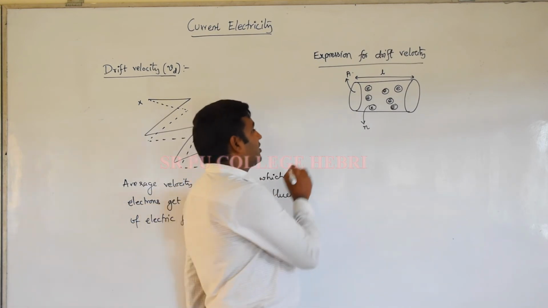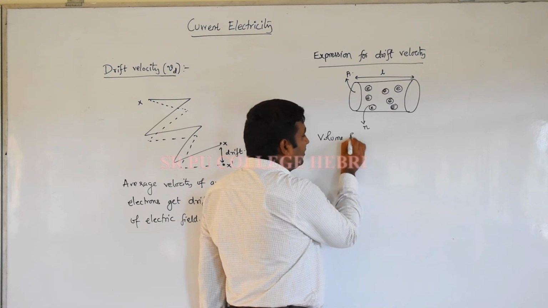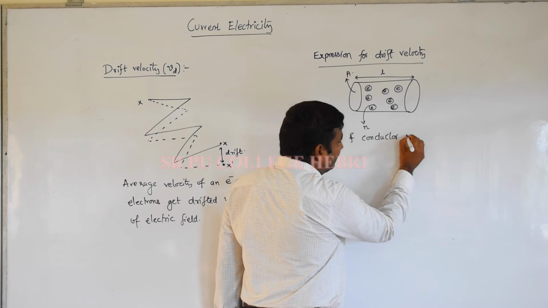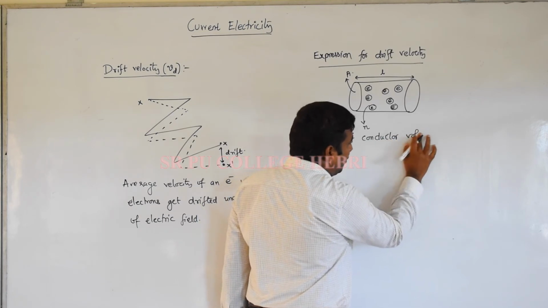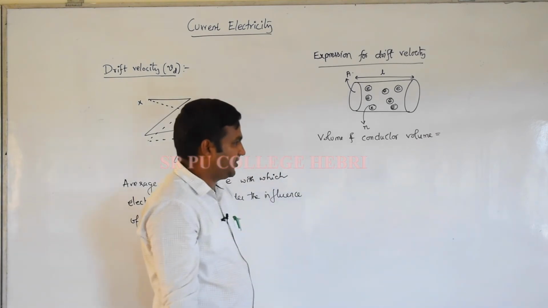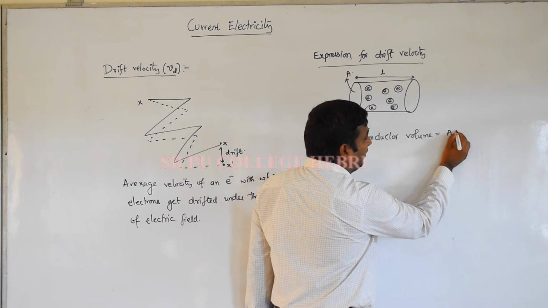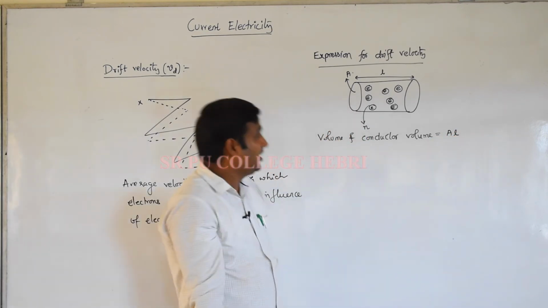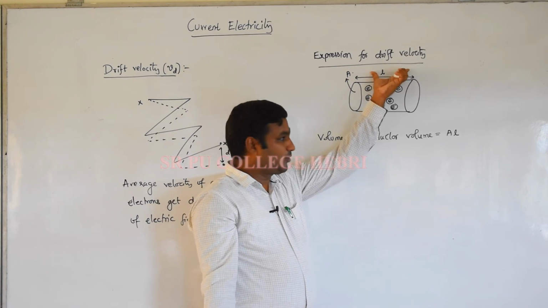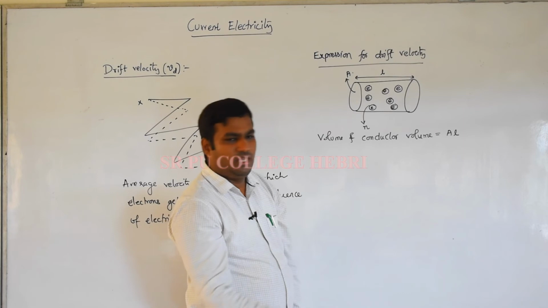By considering this conductor, I can say that the volume of the conductor is equal to area into length of the conductor, that you learned. Area of cross section is A, length is L, volume of a conductor is equal to area into length.